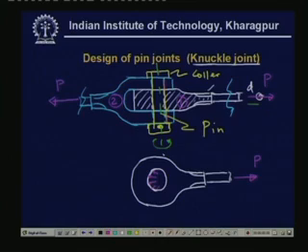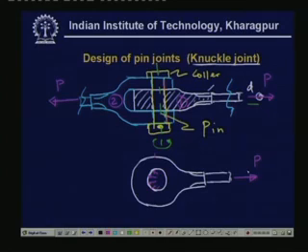What is the distribution of the contact force? We shall come to that later. But if there is a clearance, then of course there will be no contact pressure here, but there will be a large contact force on this side, on the left-hand side. Now we will have to see what the critical sections are, that is, what the first modes of failure are, which way the material can fail.